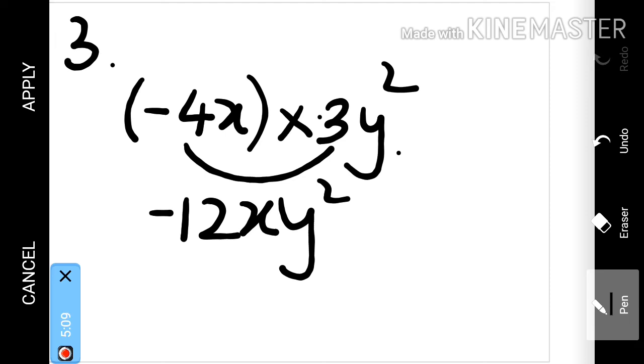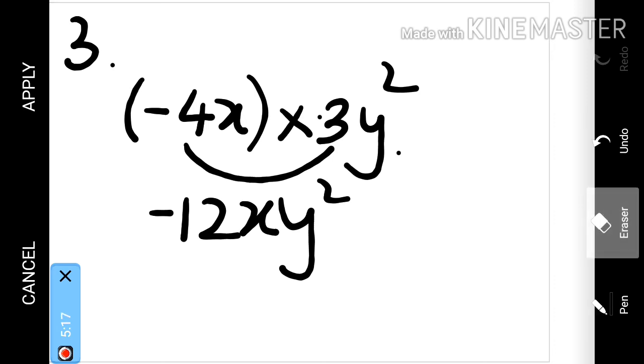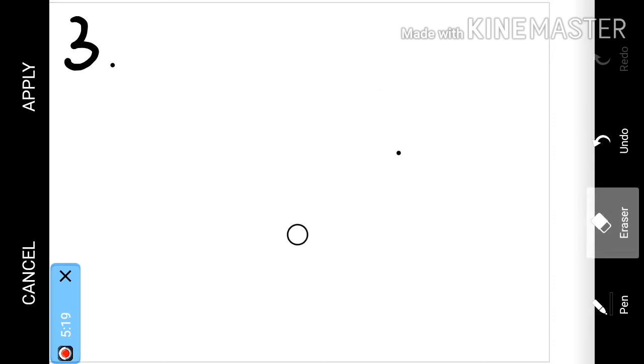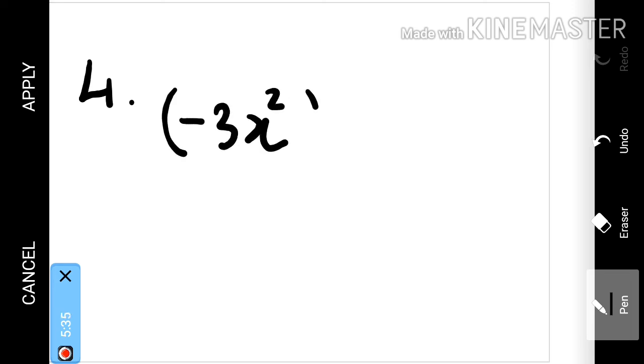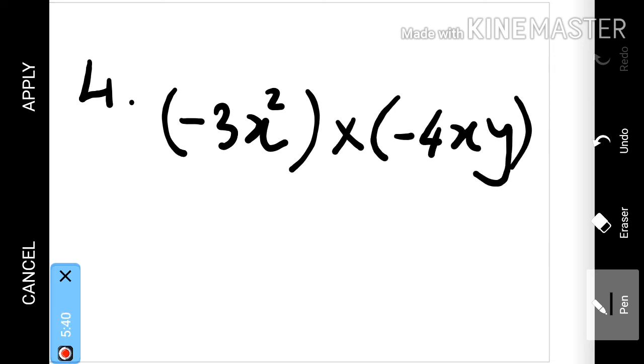If you solve 3, 4 little easier sums, then it will become easy for us to solve the exercise. Okay. Let's go ahead. Please take down these sums in your classbook, children. Fine? Okay. The fourth sum, minus 3x squared into minus 4xy. Correct? Now here, coefficient into coefficient. 3 4s are 12.